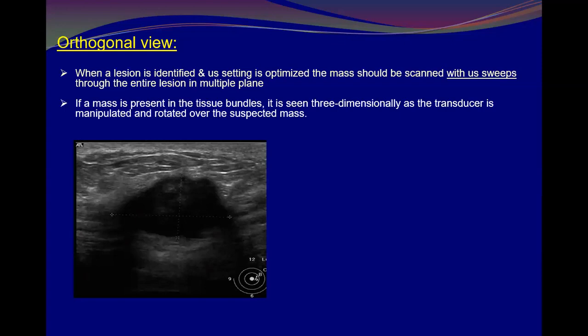This is a suspicious lesion here. When the lesion is identified, after resetting and optimizing the scanning technique, we have to sweep through the entire lesion in multiple planes to clarify the margin, to characterize it well, and to make sure it is a true lesion. This definitely is a true lesion, not like the previous one, but at least we have to characterize this lesion and see its extent.